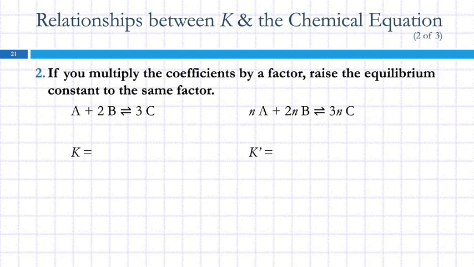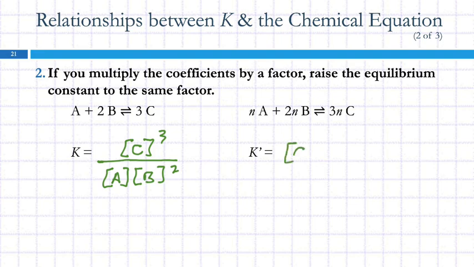If you multiply the coefficients by a factor, you raise the equilibrium constant to the same factor. So again, with made up alphabetical reactions, let's look at how that works. So this is the same equation. So C cubed over A times B squared. Over here, we're taking all of the coefficients and multiplying them by the same number, n.